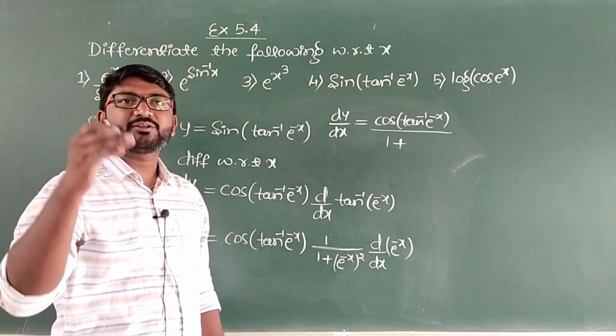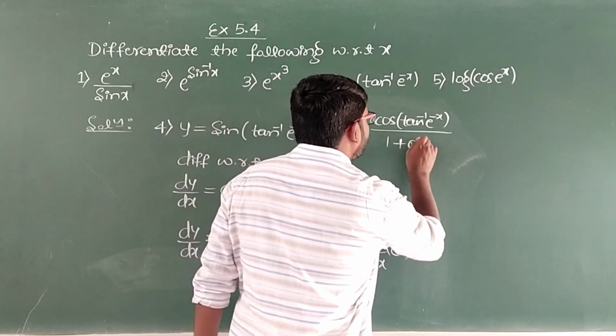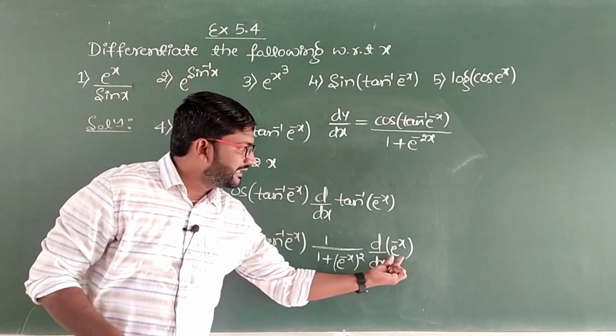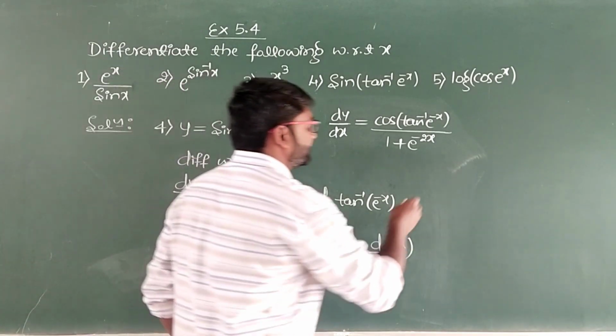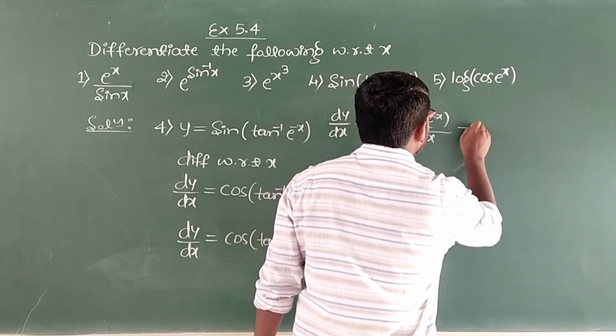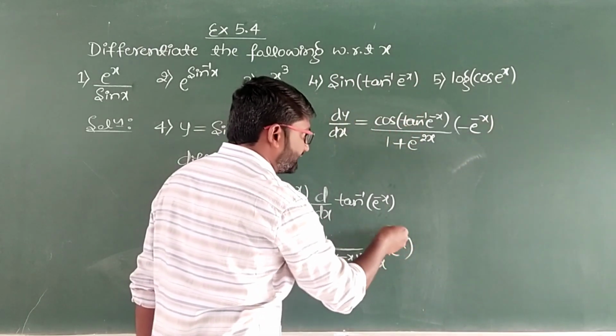That can be written a to the power mn. These two will be multiplied now. We have e to the power minus 2x. Now derivative of e raised to minus x will be minus e to the power minus x. So this is the derivative of this inside function.